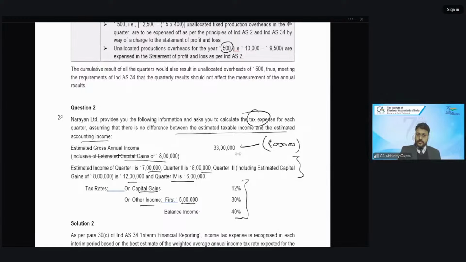What about Q2, Q3, Q4? Q2, you are saying 3 lakh 4,000. Okay.